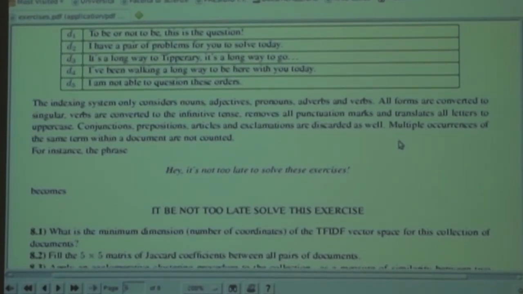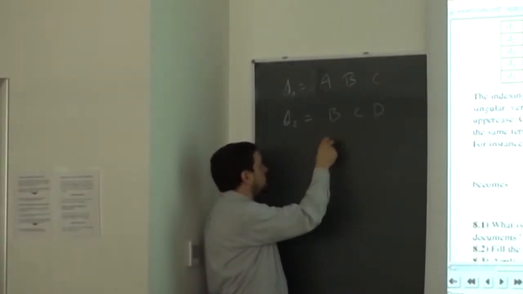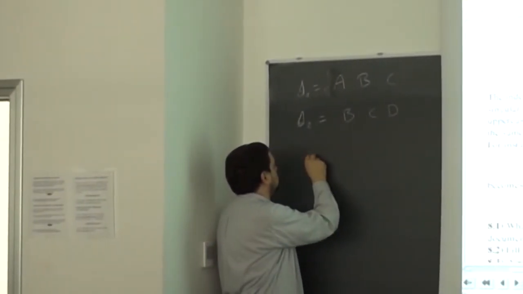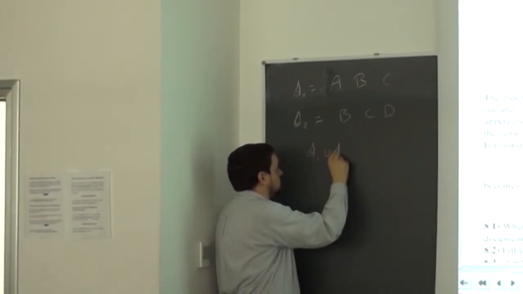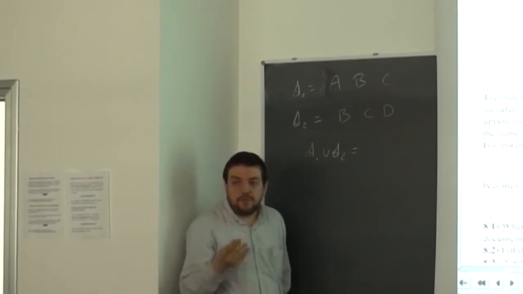It is that if you have a document that contains terms A, B, and C, and a second document that contains terms B, C, and D, and you want to represent these two documents in a single vector space, what you want to do is actually to consider the whole set of terms contained in all the documents.